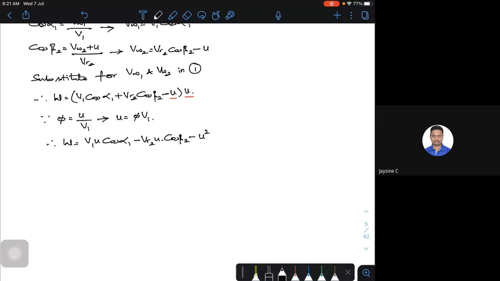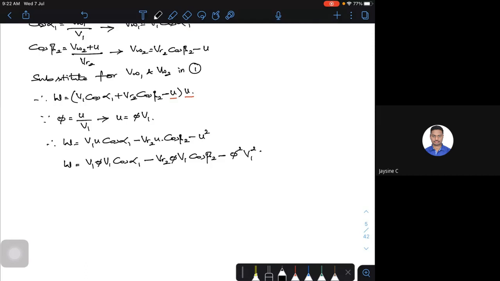Therefore, your W is equal to V1 into phi into V1 into cos alpha 1 minus VR2 into phi into V1 into cos beta 2 minus phi square into V1 square. Okay, now I got this.